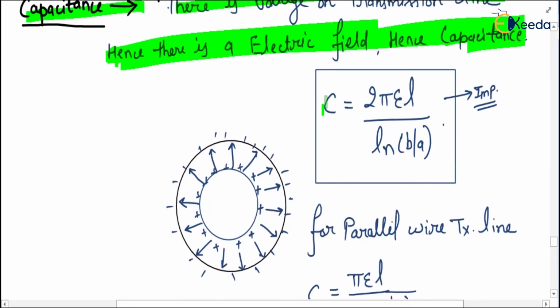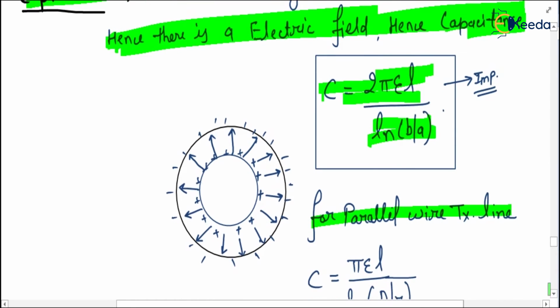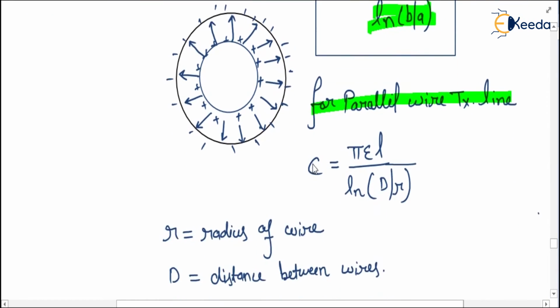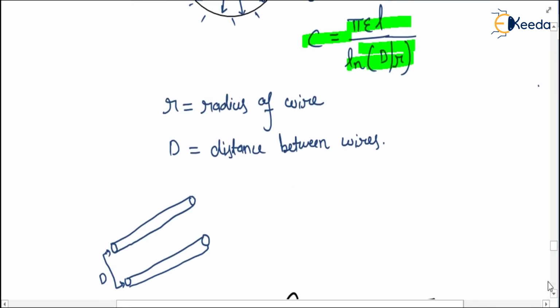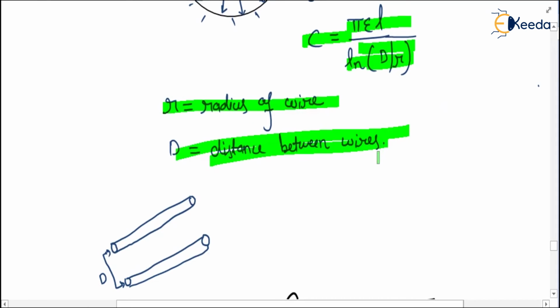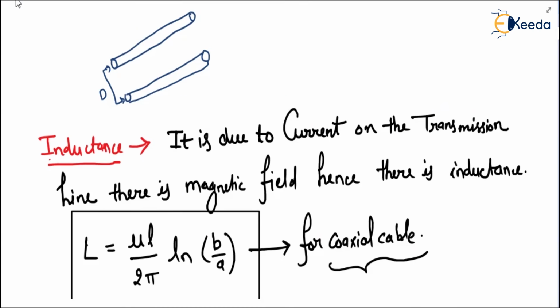For the coaxial cable, capacitance is 2 pi epsilon L upon ln b by a, and for the parallel wire transmission line, capacitance is pi epsilon L upon ln D by r. Here r is the radius of the wire and D is the distance between the wires.